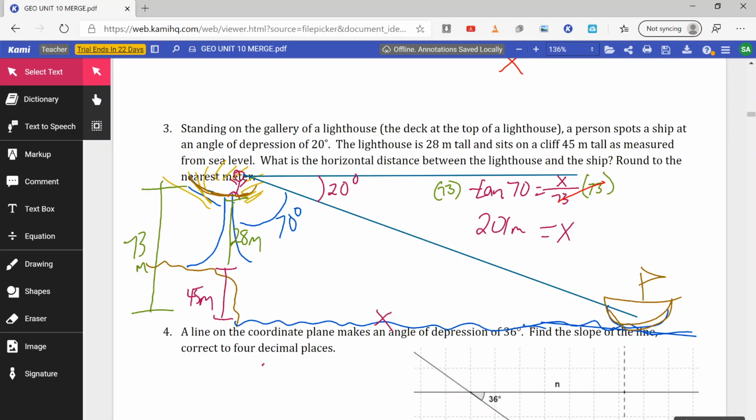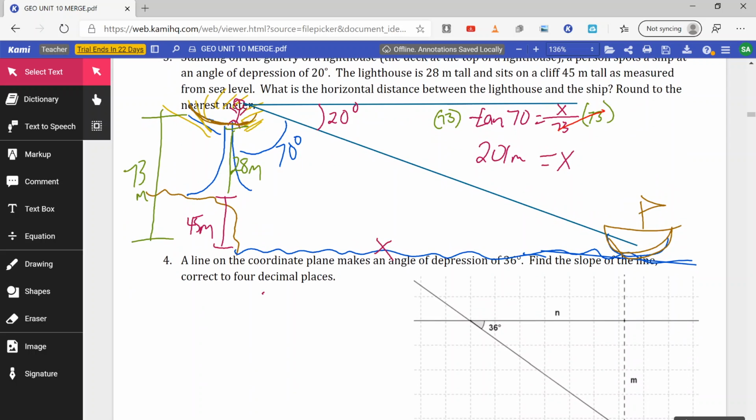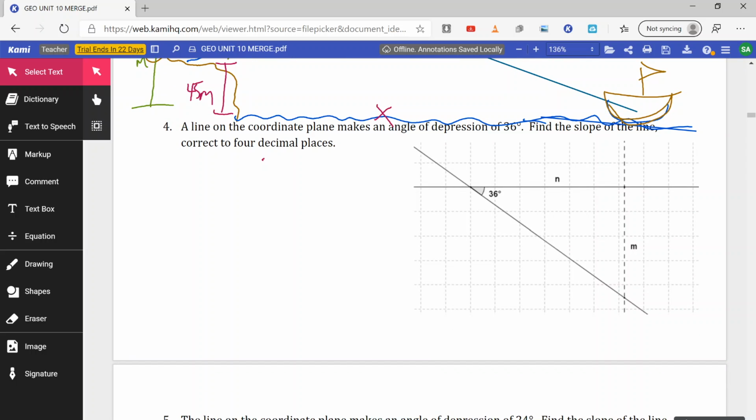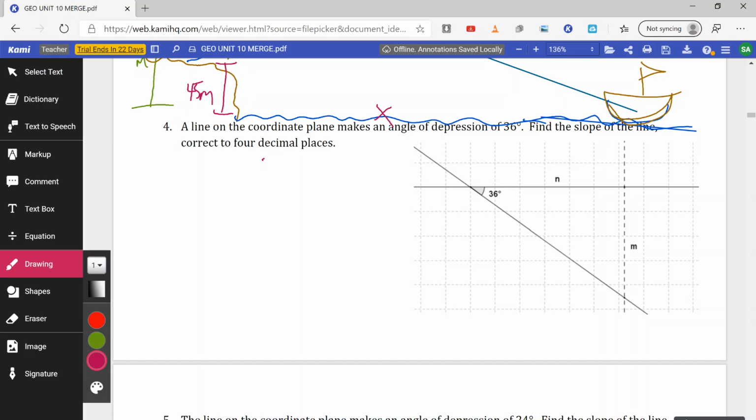And again, a little more involved where we had to draw a picture and label everything. Now we can also apply tangents on the coordinate plane. So we're told lines N and M, if we have these two, we have an angle of depression of 36 degrees between the two. We have to find the slope of the line. Well, again, slope of a line is rise over run.